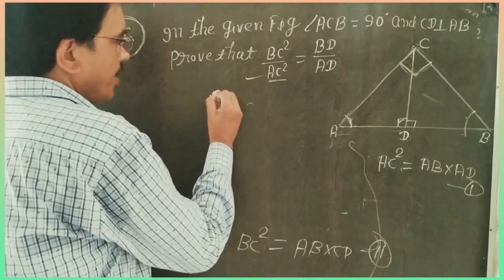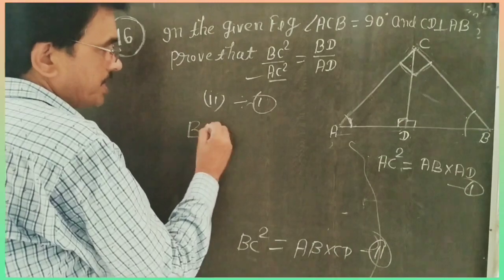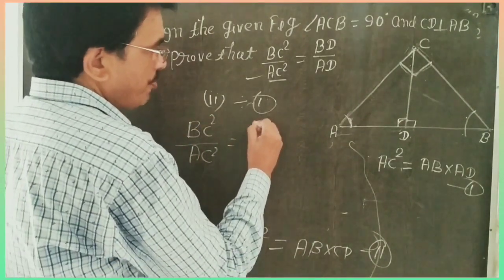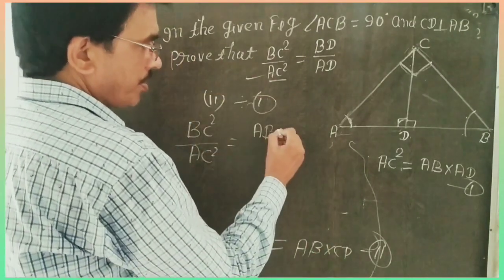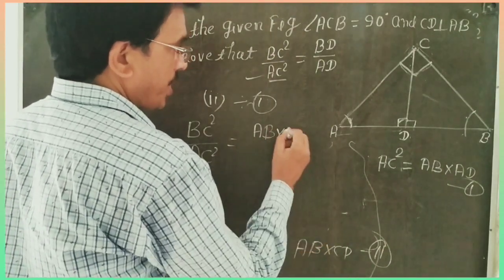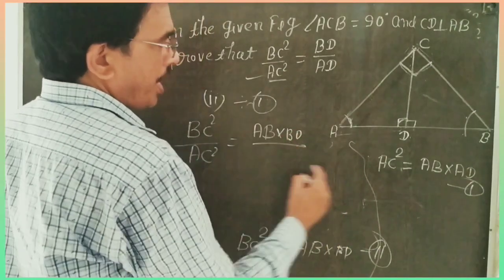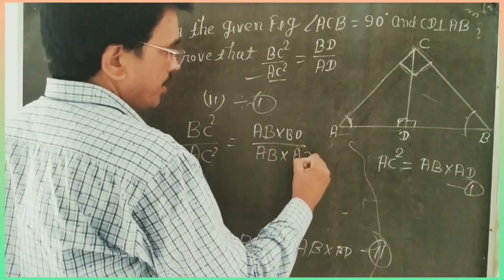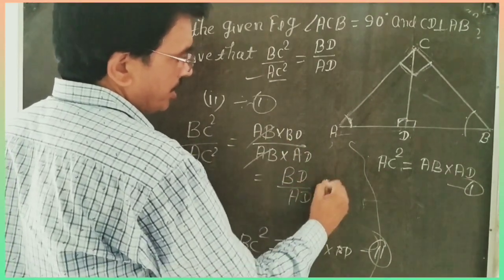So you get BC square by AC square is equal to AB into BD over AB into AD. Hence the question's answer is BD by AD. That is your solution.